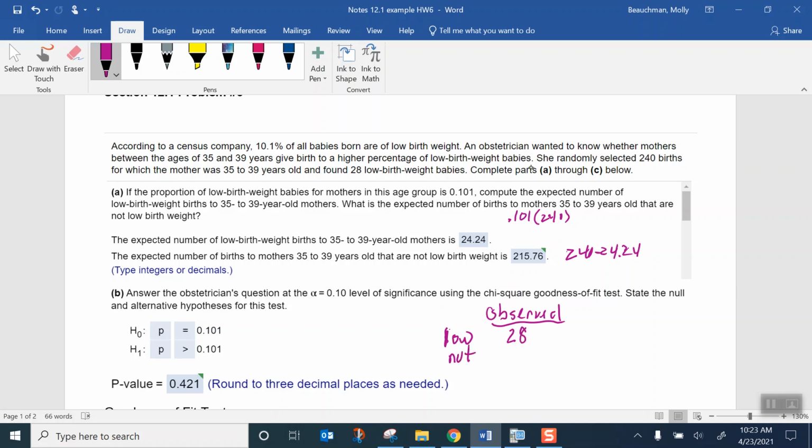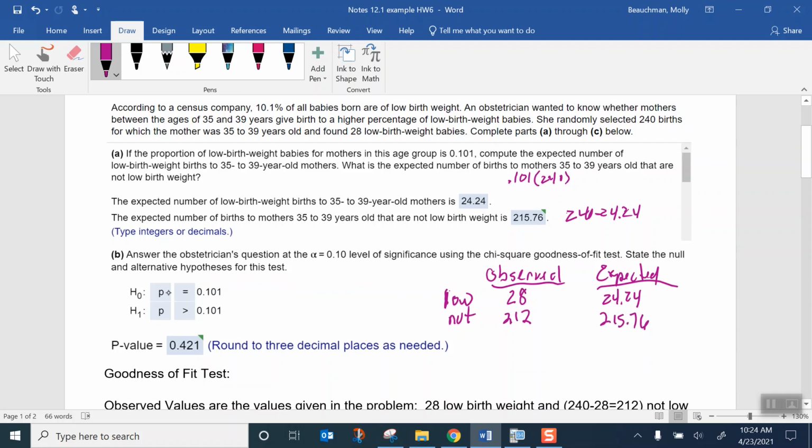And then 240 minus 28, which is 212, that were not. The expected value was 24.24 and 215.76.